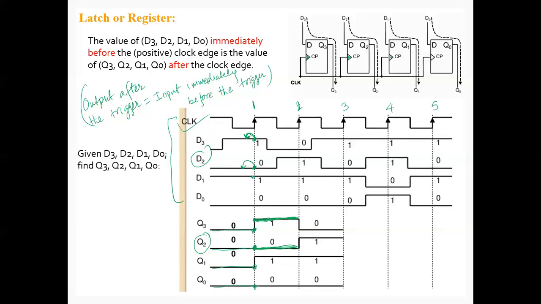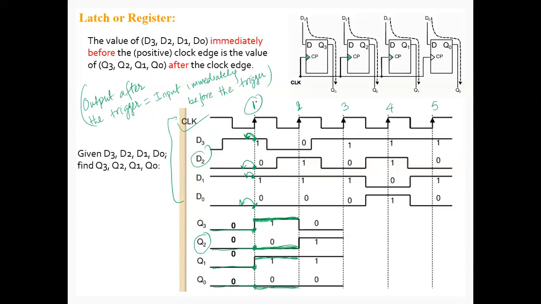Right before the trigger, your D1 is high. That's why right after the trigger, your Q1 is high. Okay, now we have to go to D0 here. Right before the trigger, your D0 is low. Right after the trigger, your Q0 is low.